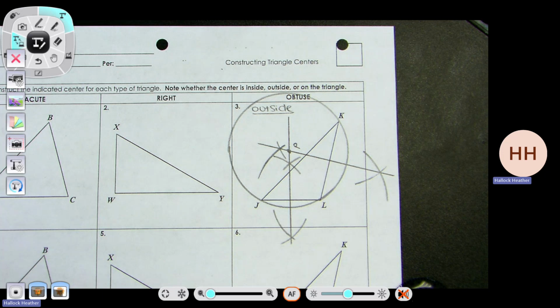Wait, so first you start out with the middle and then after that you do what? So give me this and this one? Yep. And then X and W? Sure.